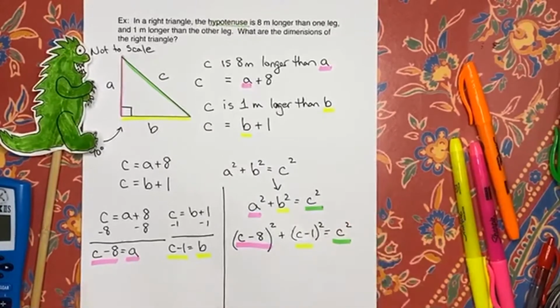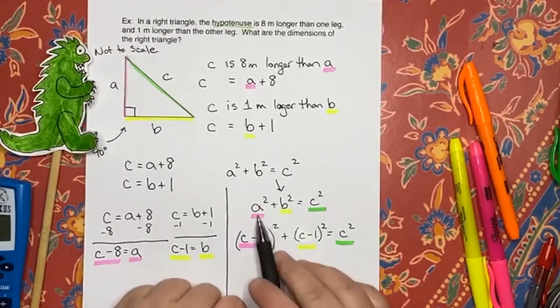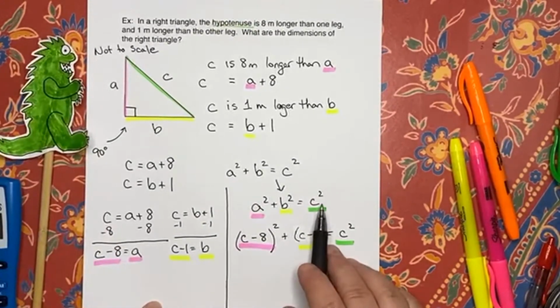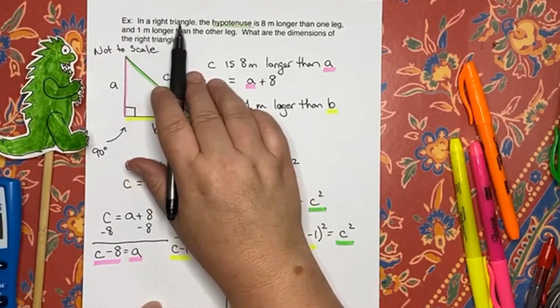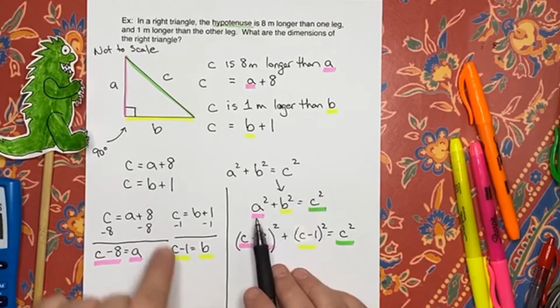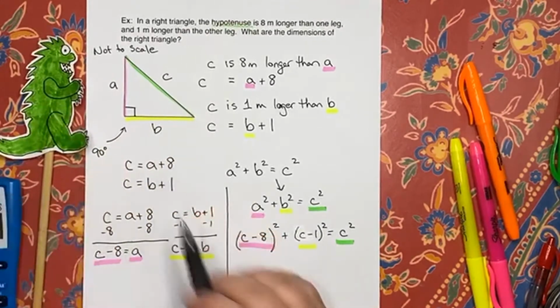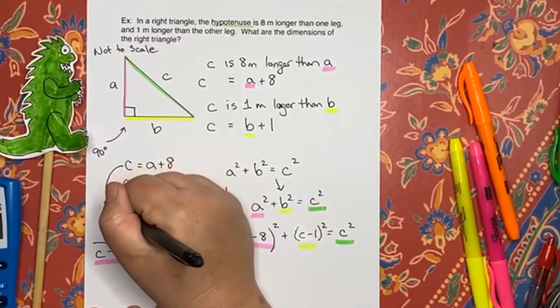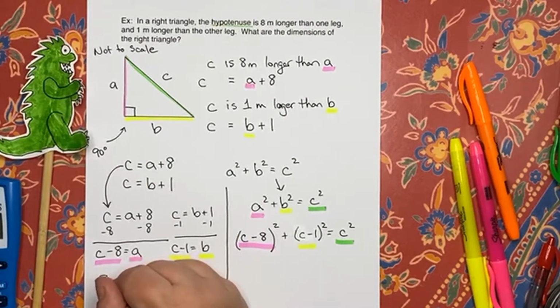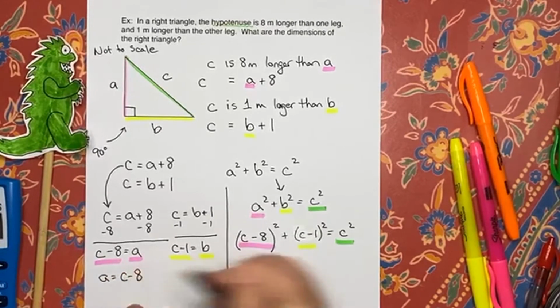So let's stop for a second and look at what we have. I've got A squared plus B squared equals C squared, which is my free equation whenever there's a right triangle. If I know there's a right triangle, then I've got that equation. And then for A, I took these two and said, let me rewrite the one with A so that I get A equals C minus 8.